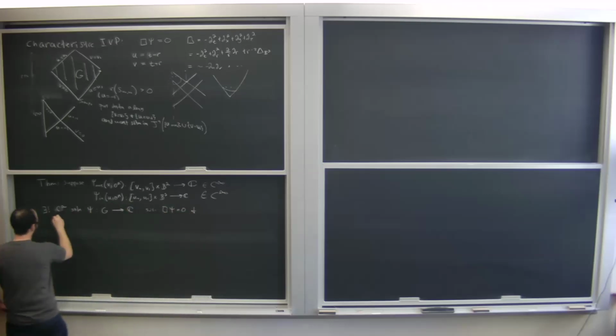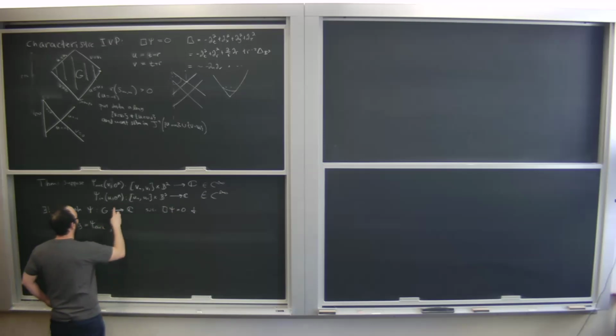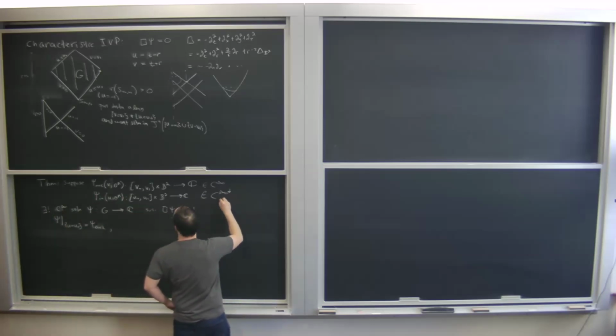And when you restrict psi to u equals u naught, you get psi out. Oh, and then of course we need this compatibility condition: we need that psi out at v naught, theta a equals psi in at u naught, theta a.